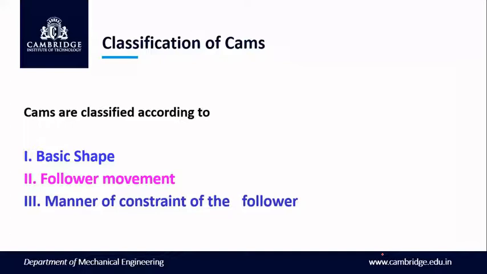Generally, cams are classified under three headings: according to basic shapes, follower movement, and manner of constraint of the follower. Let us discuss this classification one by one.